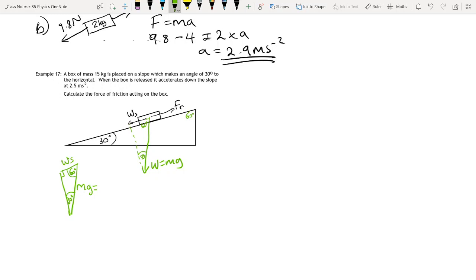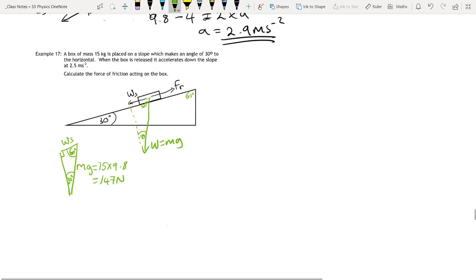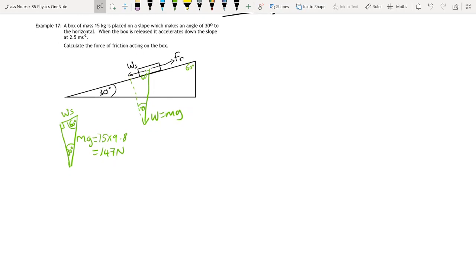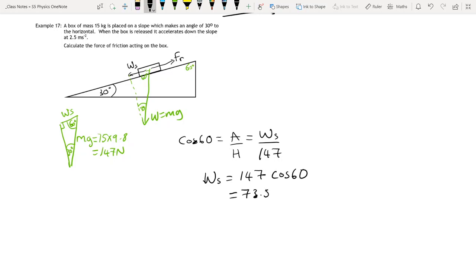And mg is 15 times 9.8, which is 147. So to work out the component of weight down the slope, cos 60 is going to be adjacent over hypotenuse, so WS over 147. So WS will be 147 times cos 60, so 73.5 newtons.